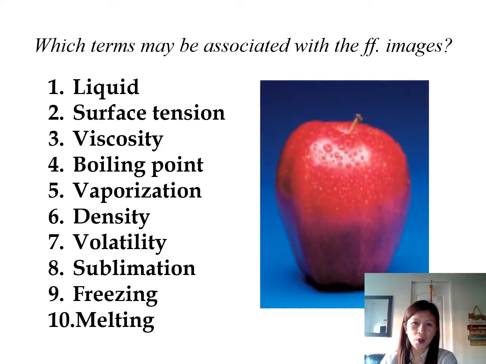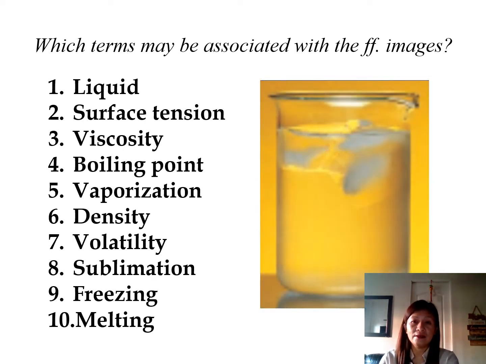Another is this apple. So we can associate liquid because you see beads of liquid on the surface of the apple. We can also associate surface tension if you know what explains the formation of beads on the surface. We can also associate density. We have liquid here.